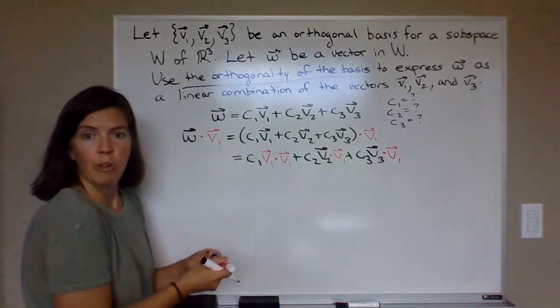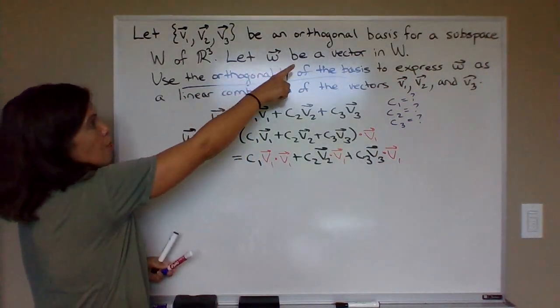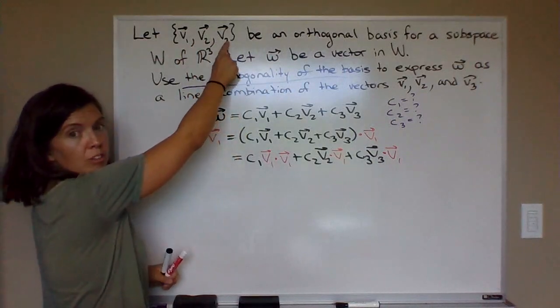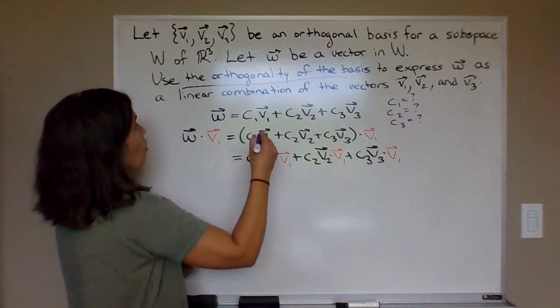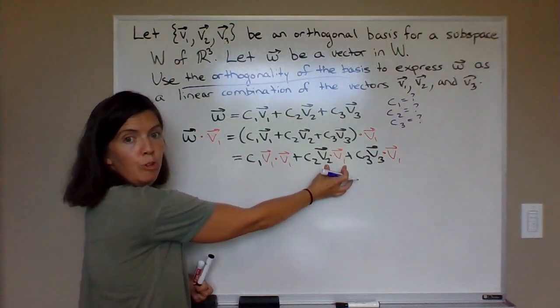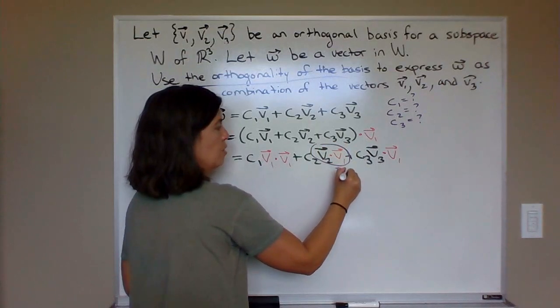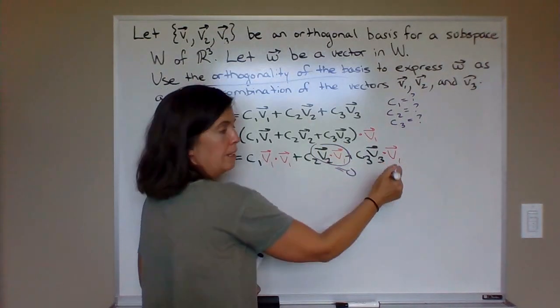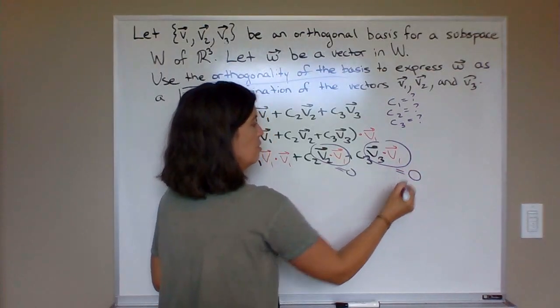And here's where the orthogonality of the basis comes in handy. Because this is an orthogonal basis, each of these vectors is orthogonal to all the other vectors in the set. So V1 and V2 are orthogonal vectors, so this inner product is equal to 0. V1 and V3 are also orthogonal vectors, so this inner product right here is equal to 0.